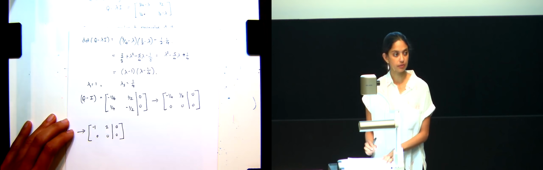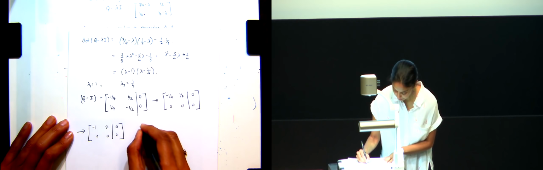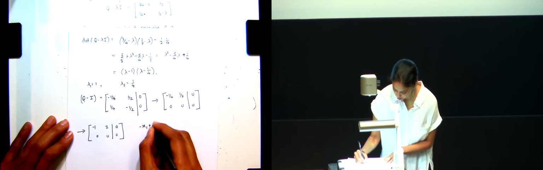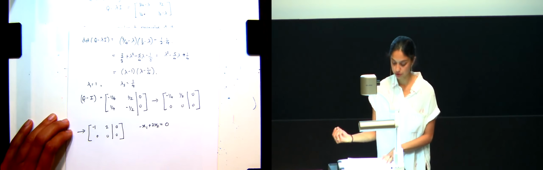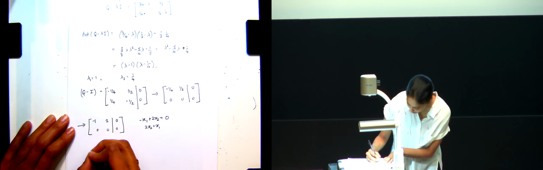So what do I get as the relationship between my two components? I get minus x1 plus 2x2 equal to 0, so 2x2 equals x1. And so what is the null space of this?